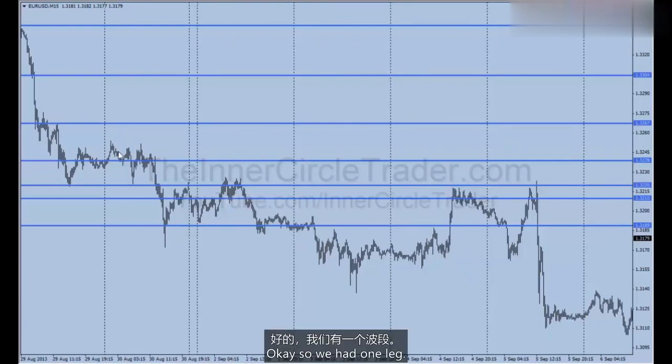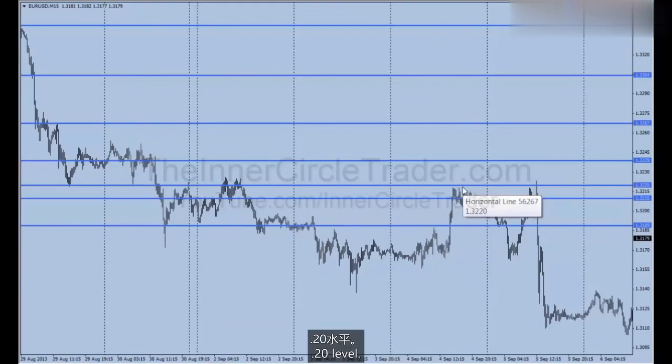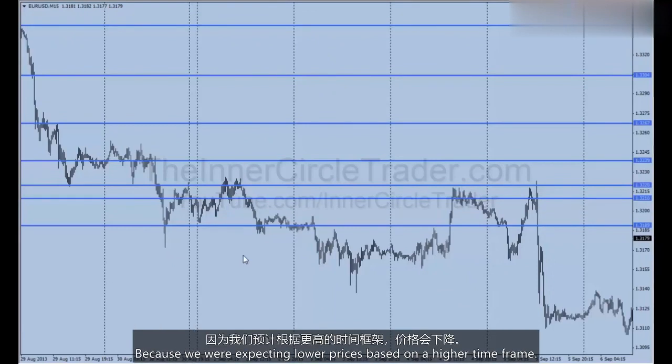So we had one leg, 2 legs, and then a retracement, and then another retrade to this particular level here at 132.20.